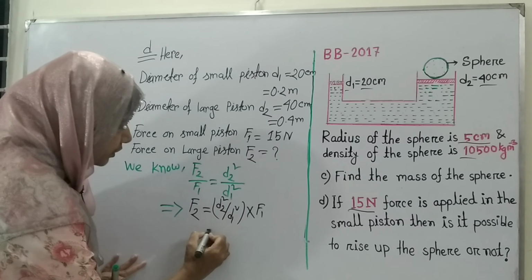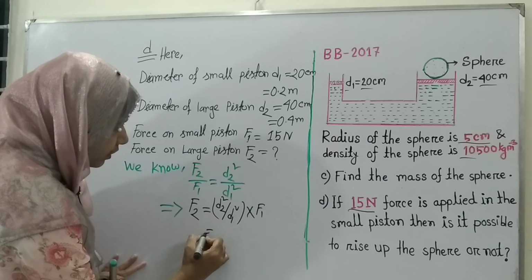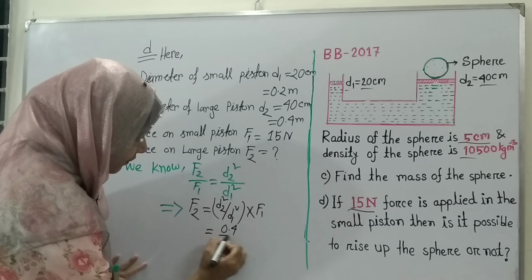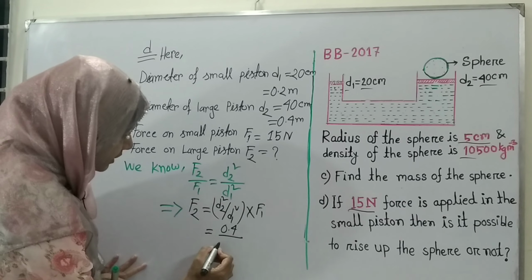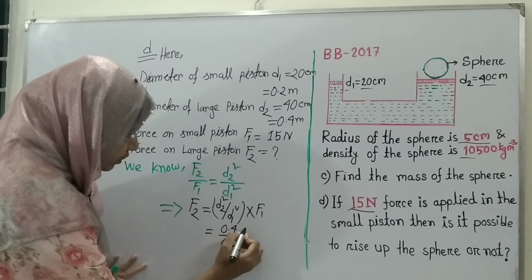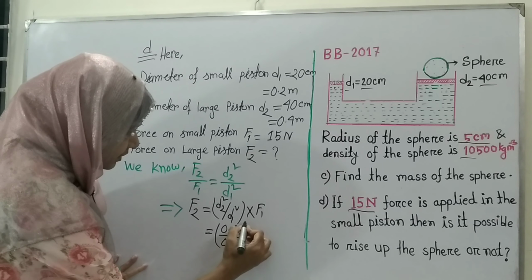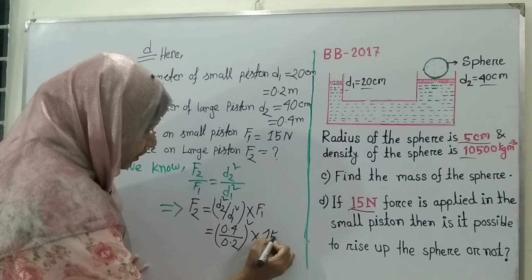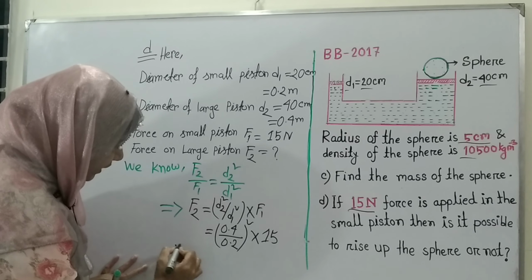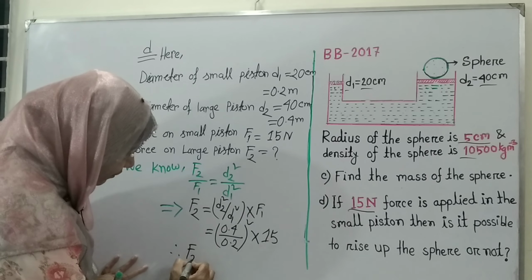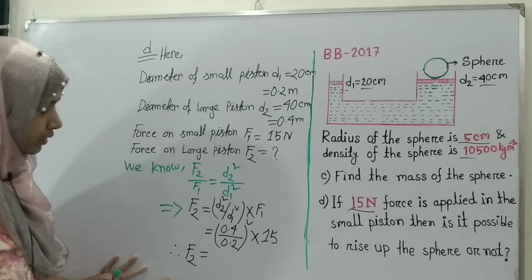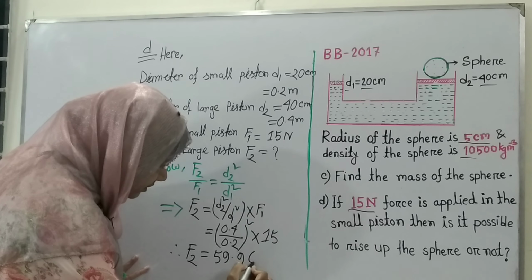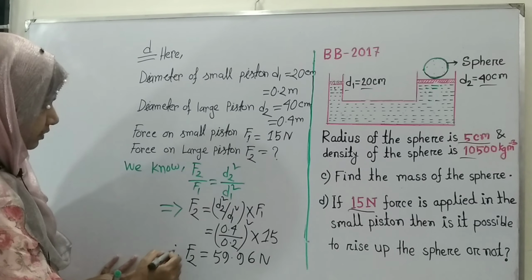Now we are going to put in the values which we know. The value of D2 is 0.4, the value of D1 is 0.2, and we write it as a whole square. Now the value of F1 is 15 Newton. So after calculating it, you will get the value of F2 equals 59.96 Newton.